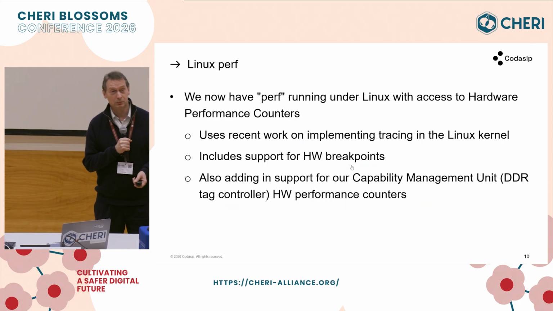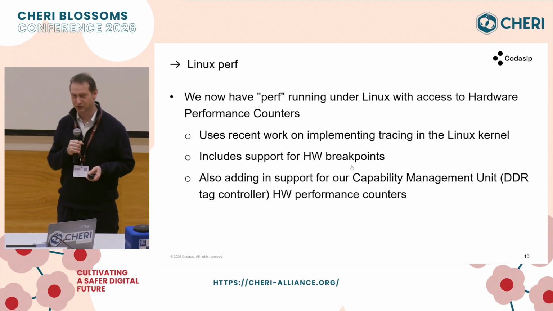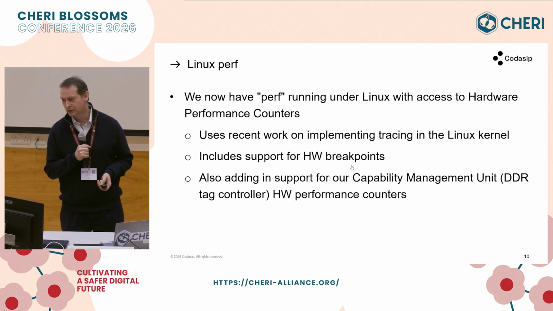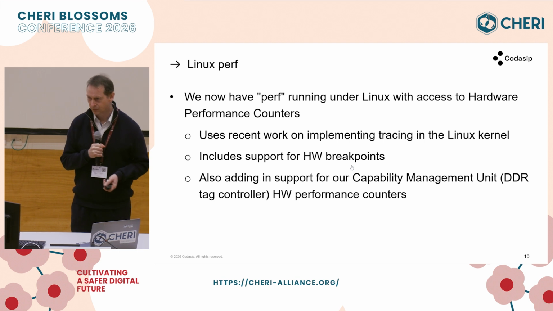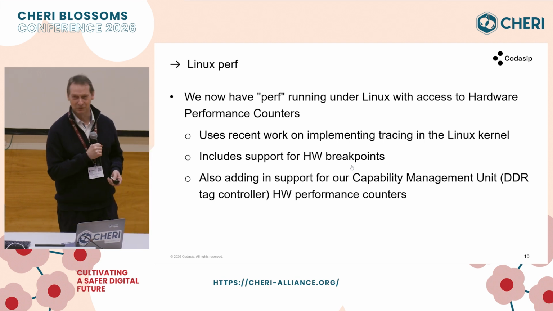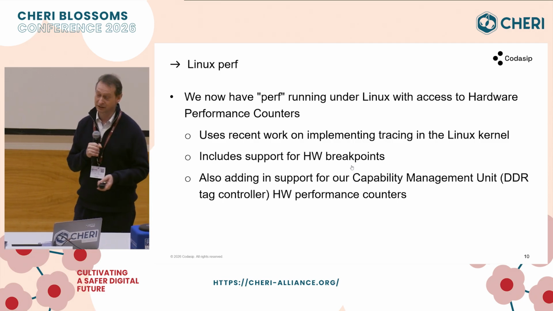So going on from here, we're looking at how we can get more information about running beyond just the benchmarks, general Linux software, how can we start to look at performance? CHERI BSD has already had performance measuring software. We've now got perf running under Linux.